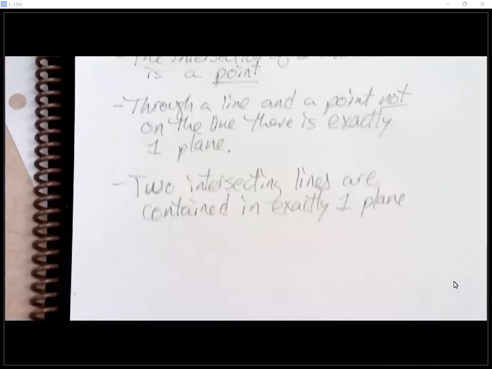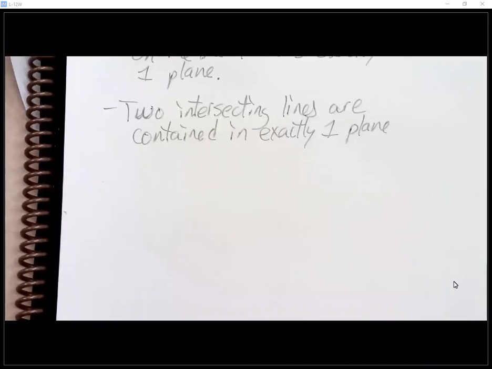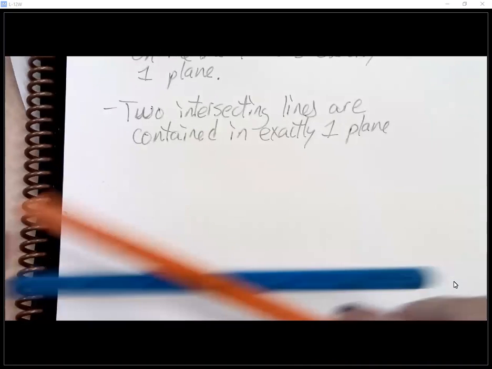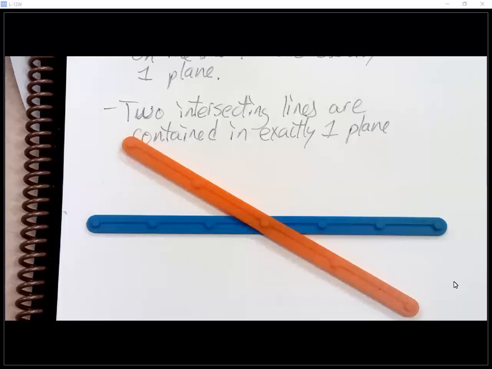For this one, I'm going to have two lines that intersect each other. And here you can see, yep, they're both in the same plane. It's just your paper.